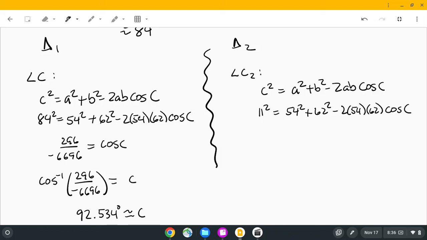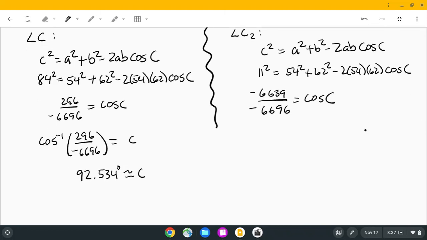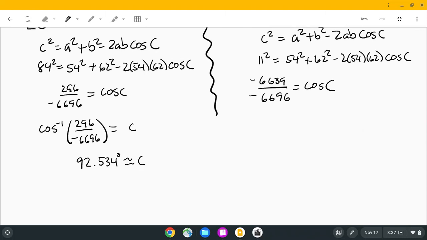I'll skip some of those steps. Solve for cosine C, get everything to the other side, and you will end up with negative 6,639 over negative 6,696, which equals cosine C. Solving for C, we take the cosine inverse of this side.